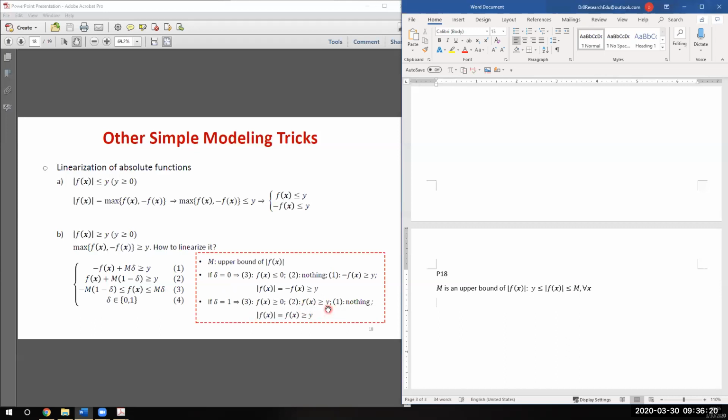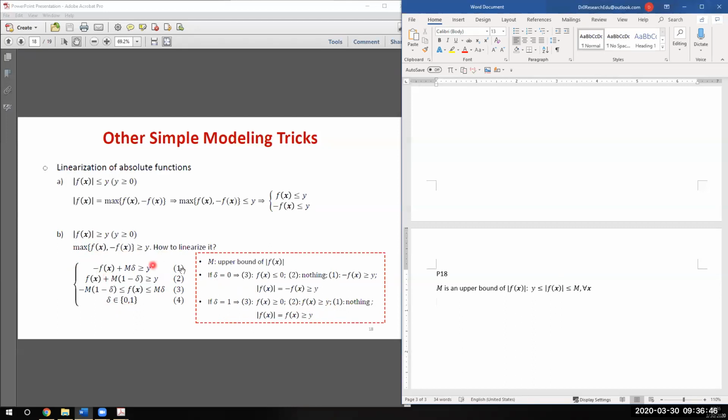That means when delta equals 1, my absolute value of f(x) equals f(x). That means your f(x) is non-negative. So in this case, I use an extra binary decision variable delta to indicate the two cases: f(x) is negative, or f(x) is non-negative.